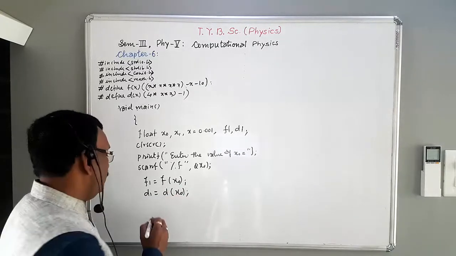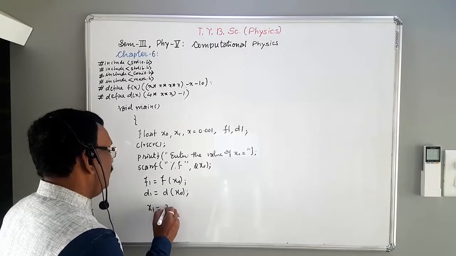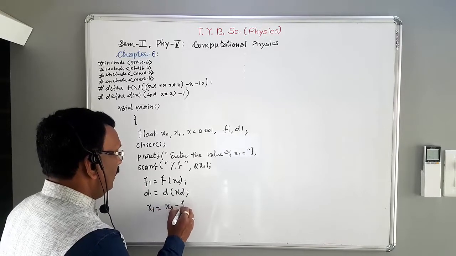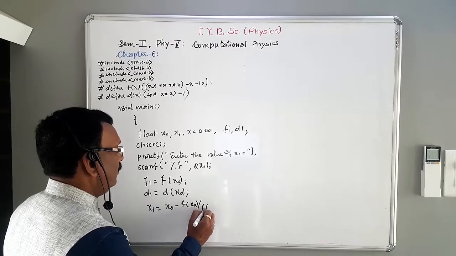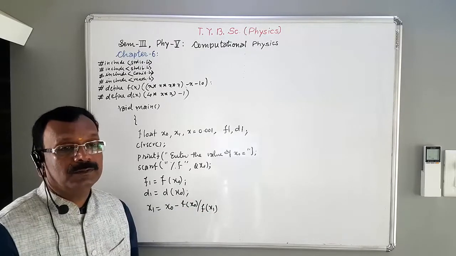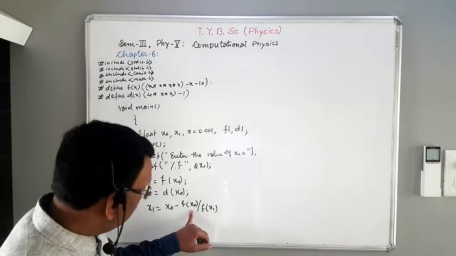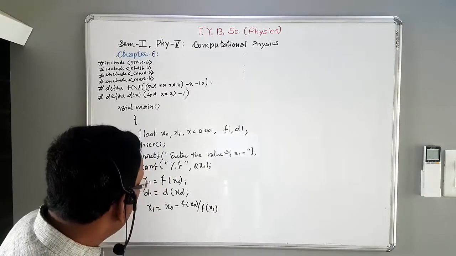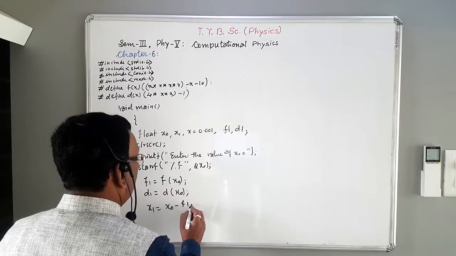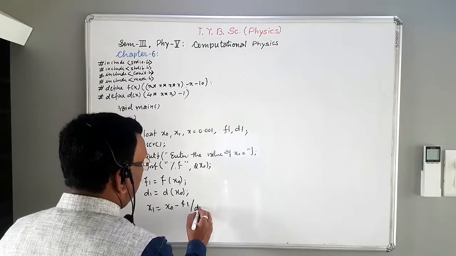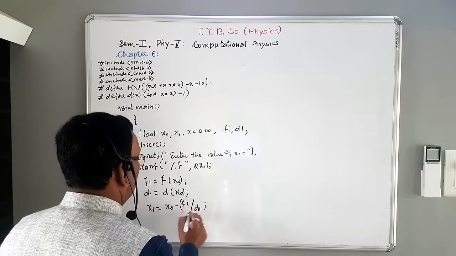Okay. Then use the formula x1 is equal to x0 minus f of x0 upon d of x0. Or instead of this we simply write f1 for function and d1 for derivative of the function.